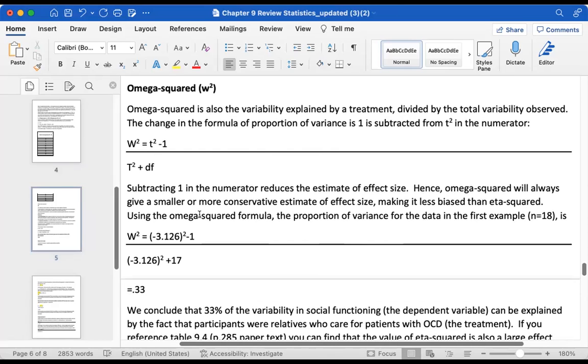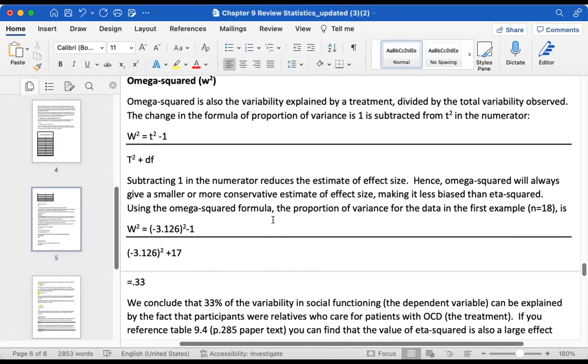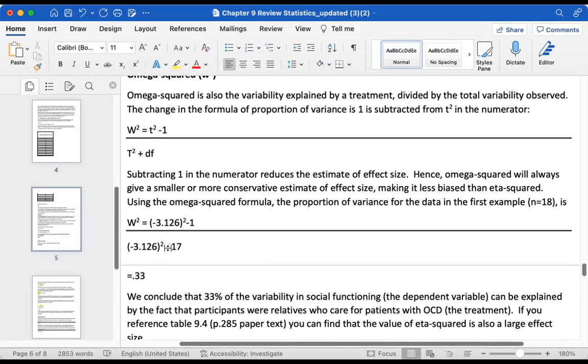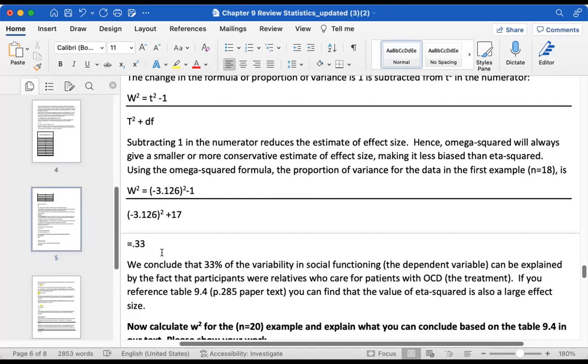So using the omega squared formula, the proportion of variance for the data in the first sample, N equal to 18: omega squared is equal to negative 3.126 squared minus 1, divided by negative 3.126 squared plus 17, because that was the degrees of freedom, N minus 1. You should get 0.33.